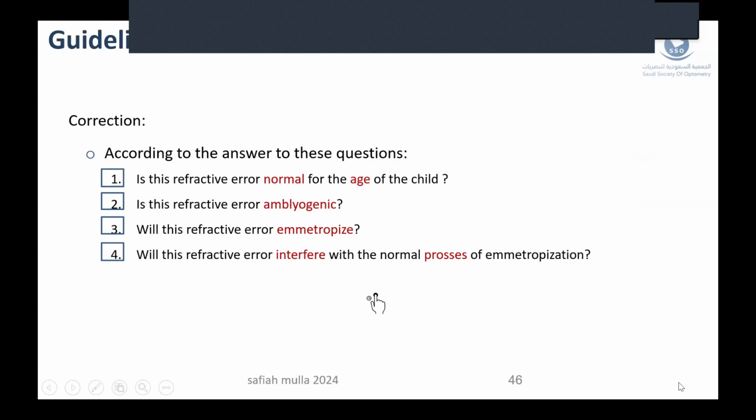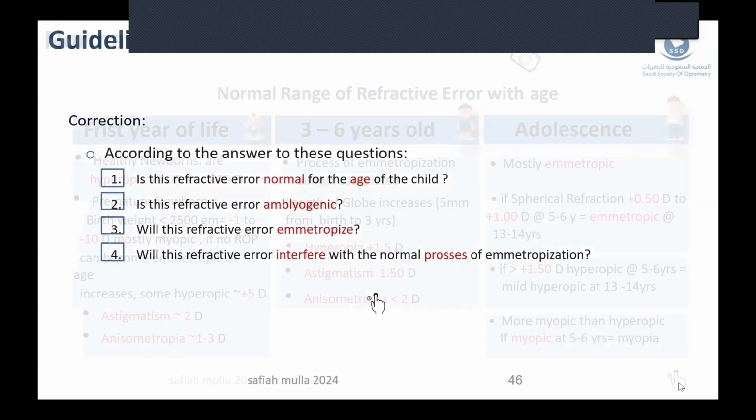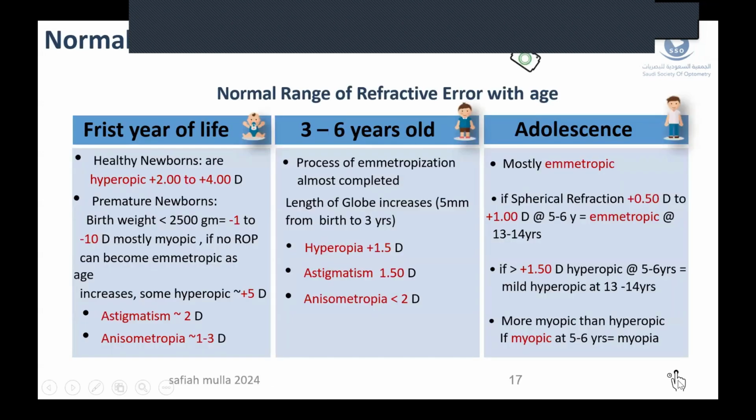Keep it in your brain. So if it is within this range of up to 4 diopters in the first year of age, you will not take any action and will not do anything. However, if it's more than this, then you will think twice.